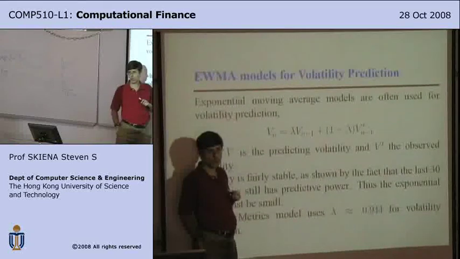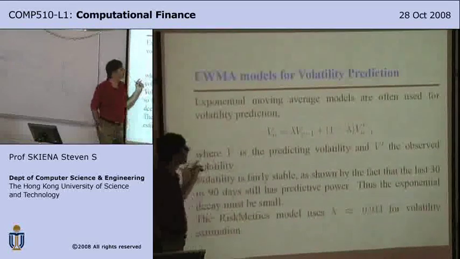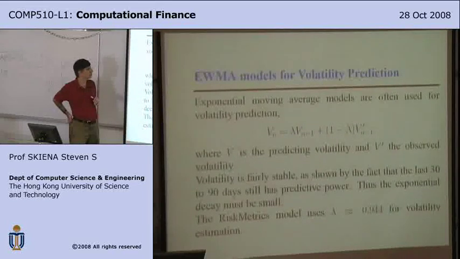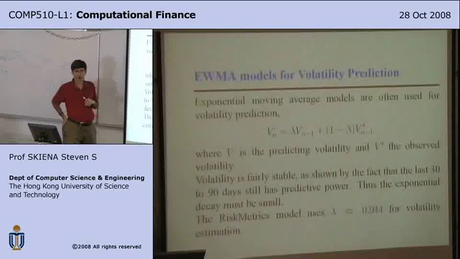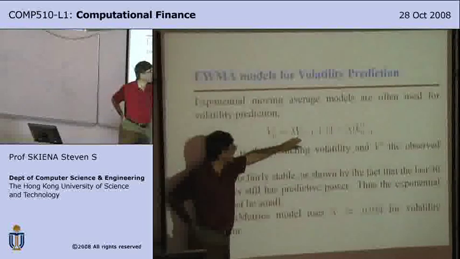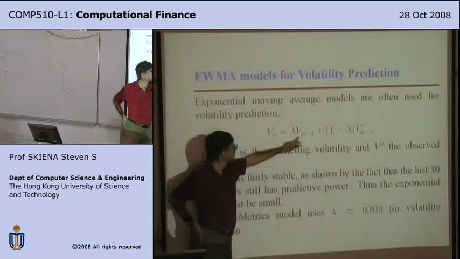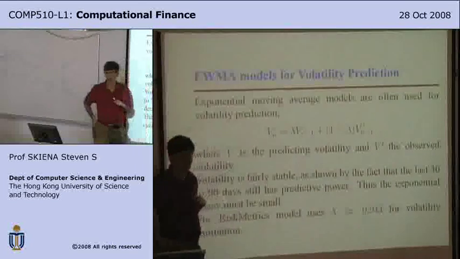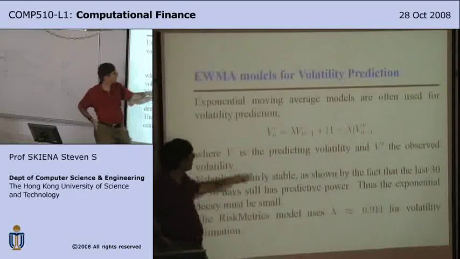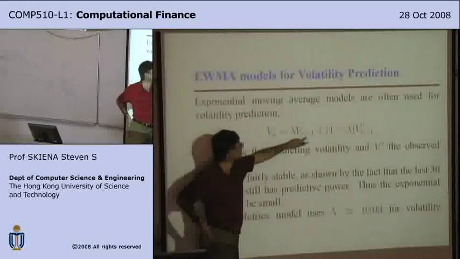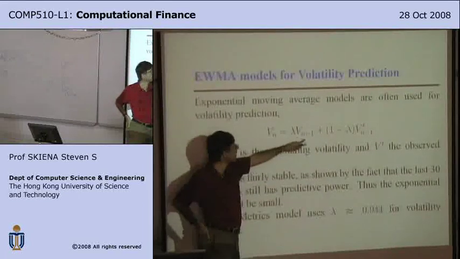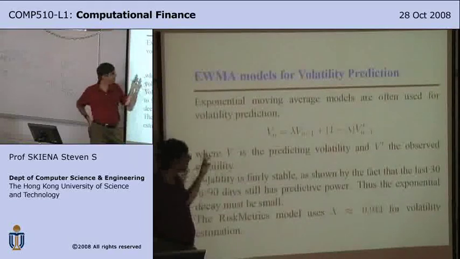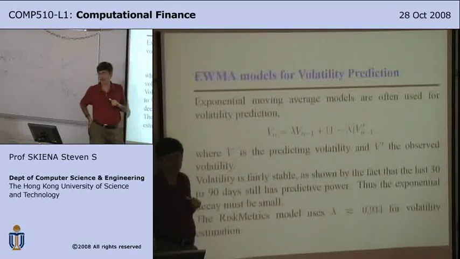If the function we're estimating is fairly stable, then our prediction of the past presumably is still highly correlated with our prediction of today. And so our prediction for today should be some function of our prediction in the past, updated by some amount. And that's basically the principle behind this.